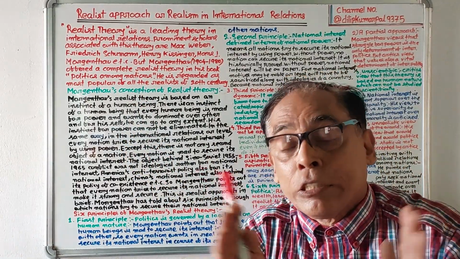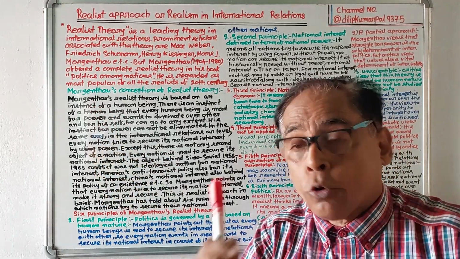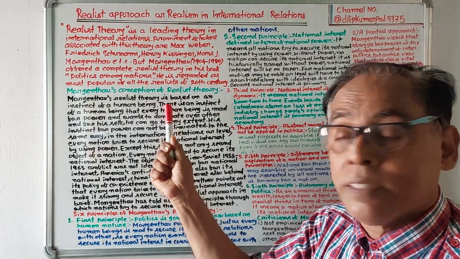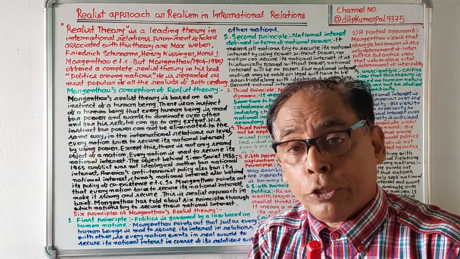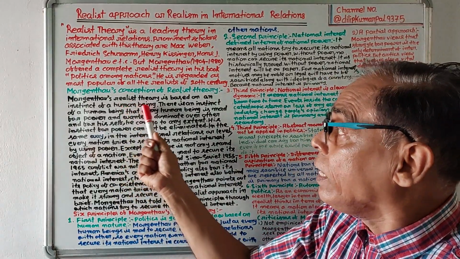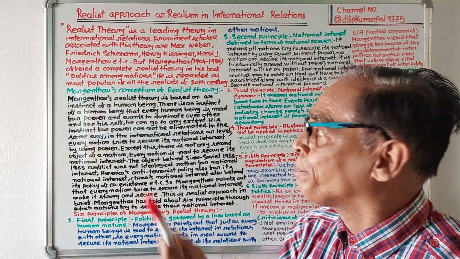So what is a realist theory? Morgenthau, in his book Politics Among Nations, told about realist theory. He says that realist theory is based on an instinct of a human being.